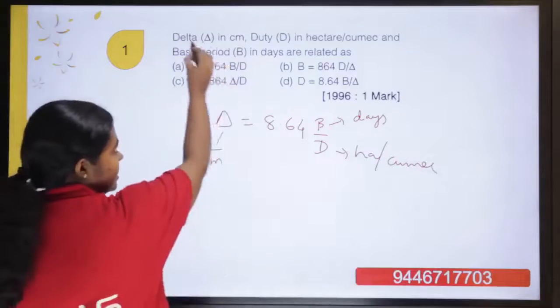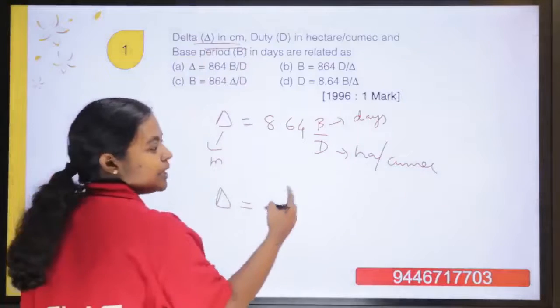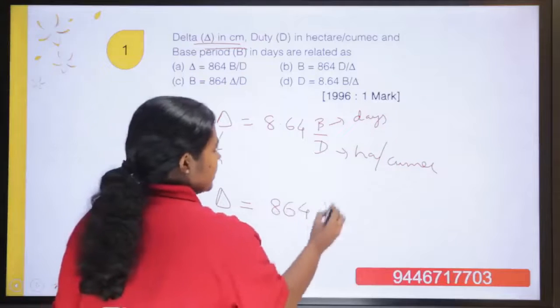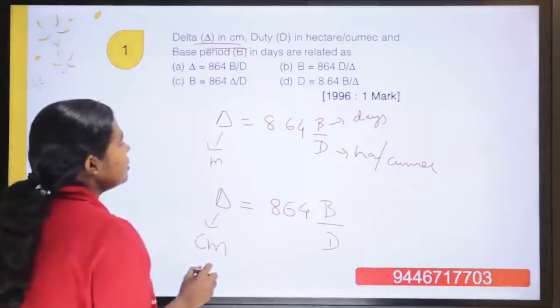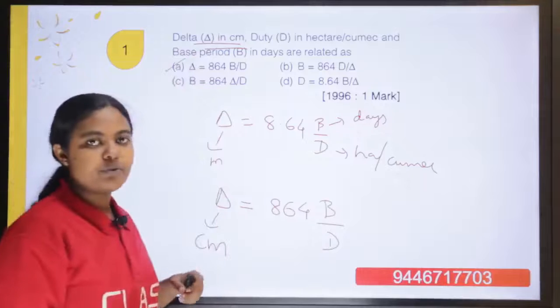Now they have asked delta in centimeters, so we have to multiply this by 100. So it will be 864 B by D, where delta is in centimeter. So the answer will be A, delta is equal to 864 B by D.